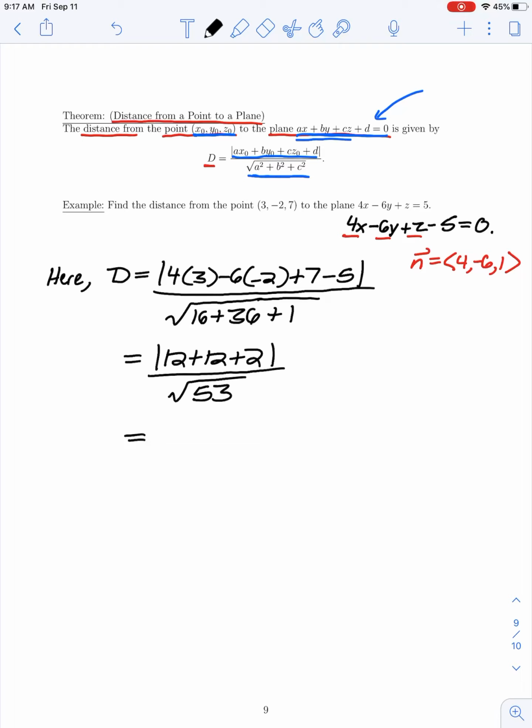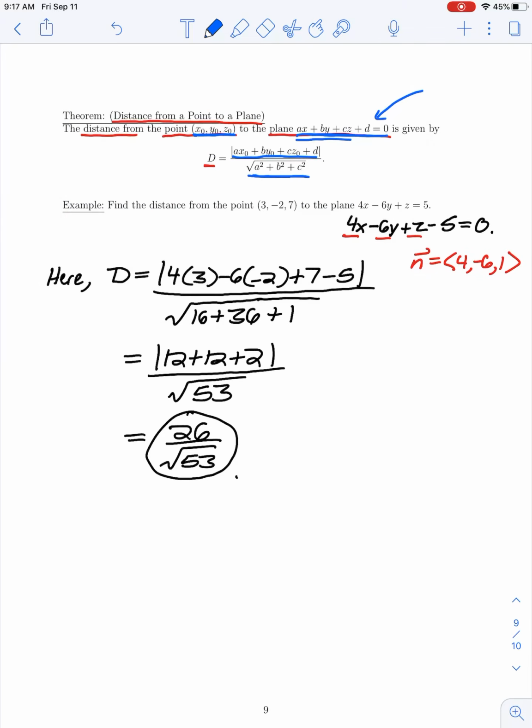So in the numerator, we have the absolute value of 24 plus 2, which is 26, over the square root of 53. So this would be the distance from that point to our plane.